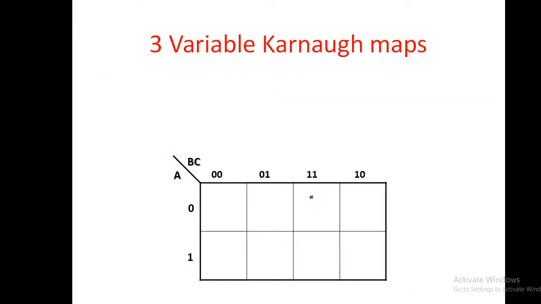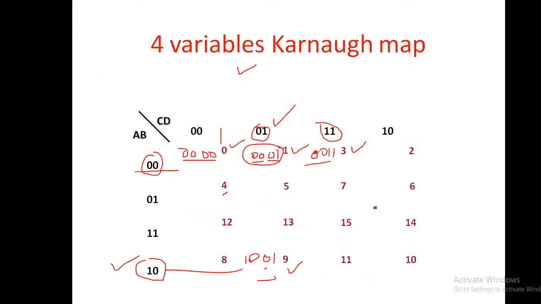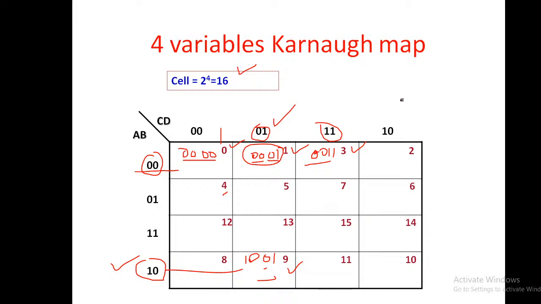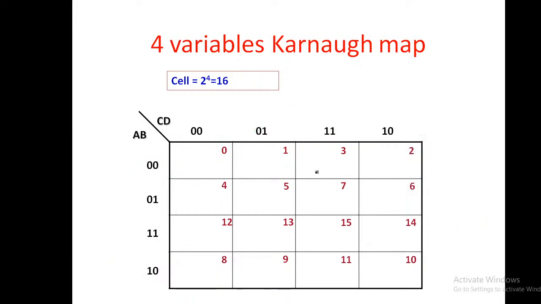For the 3 variable Kmap, this will be what? 0, 1, 3, 2, 4, 5, 7, 6. Okay, so these are the values. And for the last one, you have this. Memorize this: 0, 1, 3, 2, 4, 5, 7, 6.